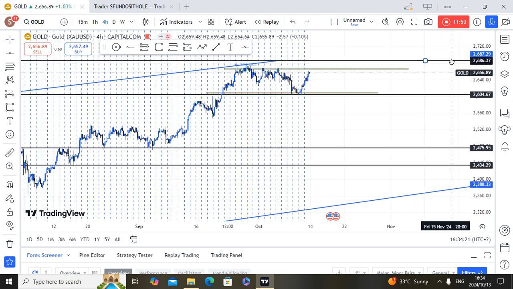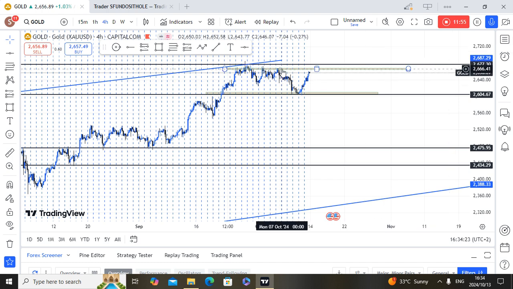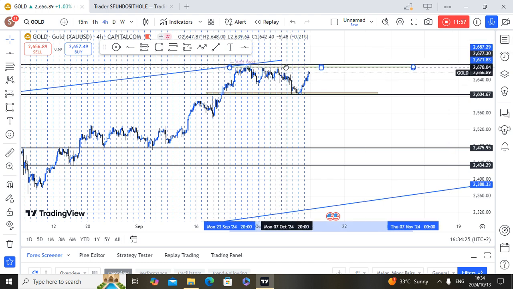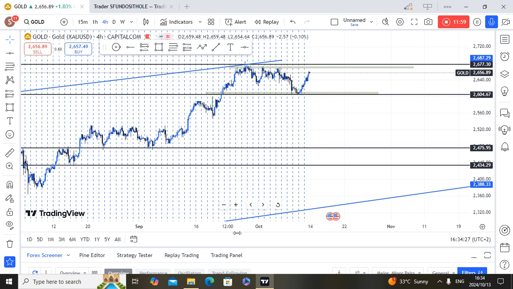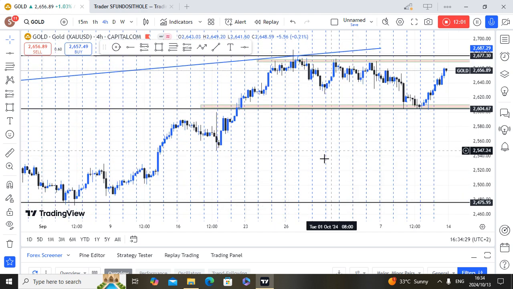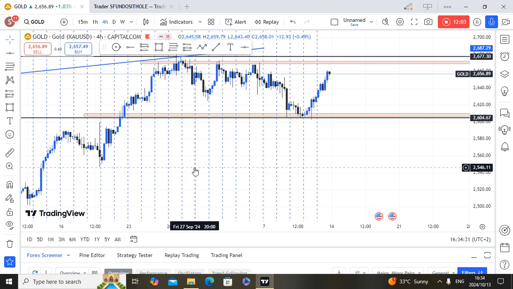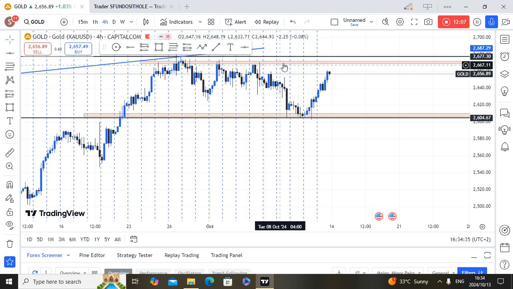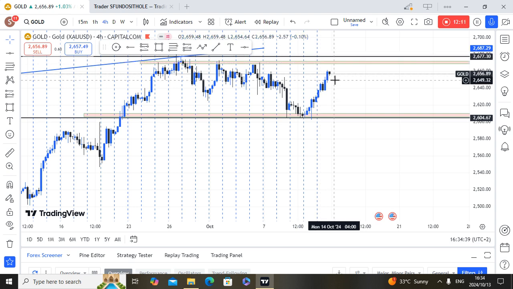Let me put on a higher zone, and check this rectangle. So as you can see on gold, it didn't touch our major zones yet. On Monday, gold can come here to touch our major zone.